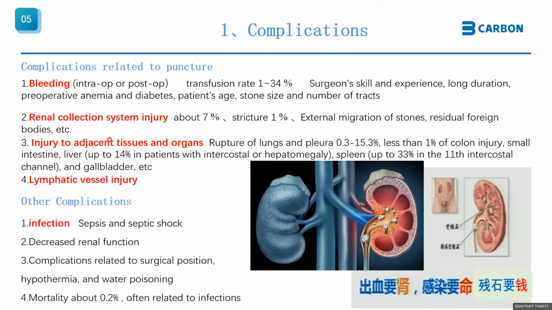And the renal collecting system injury is about 7%. Injury to adjacent tissue and organs, this kind of complication mostly happens if we choose the upper calyx, because we can see the spleen, the 11th intercostal space, and this is also the intercostal.